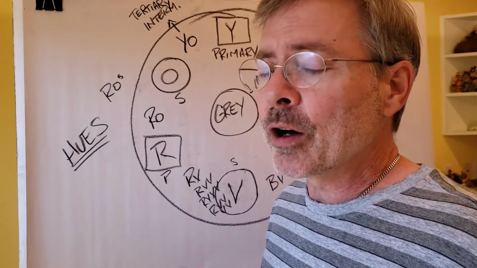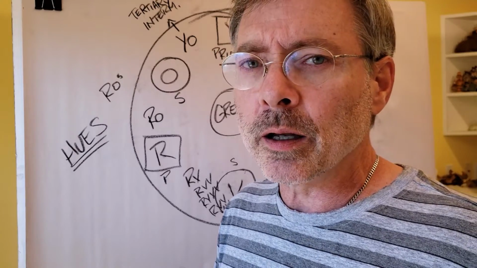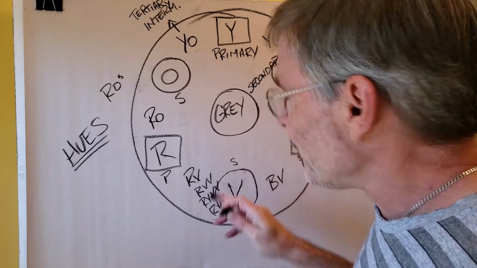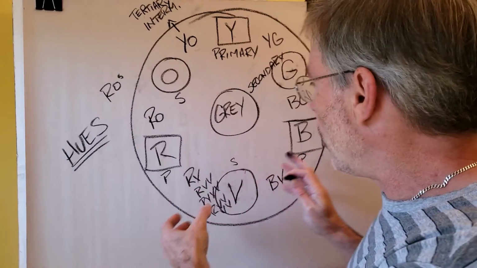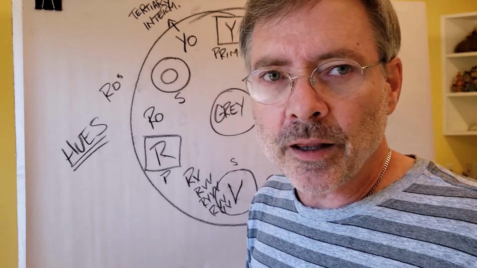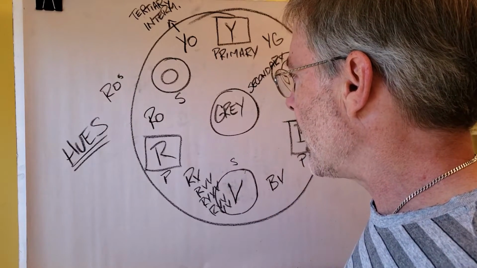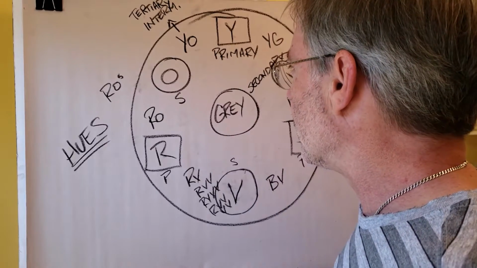We're talking about gray as being a color that reflects no color quality. So when we look at that gray in the center, we're not going to be able to say, it's a little yellow gray, or it's a little red gray, or it's a little greenish gray. No, we can't identify the color. In color theory, that's referred to as a gray. Gray is a neutral. We'll talk about that a little bit later too.